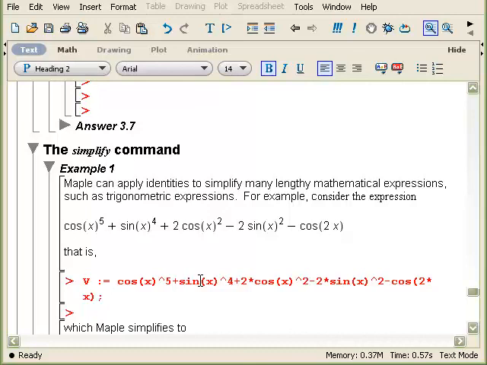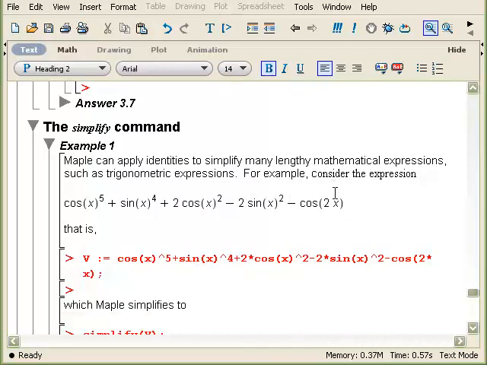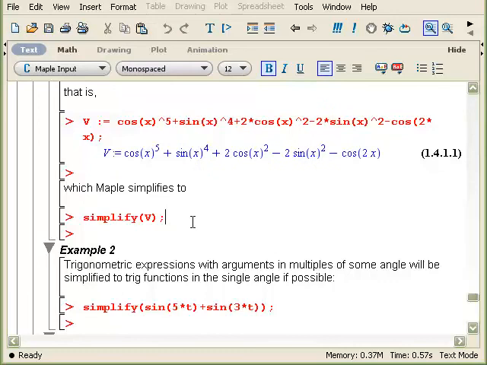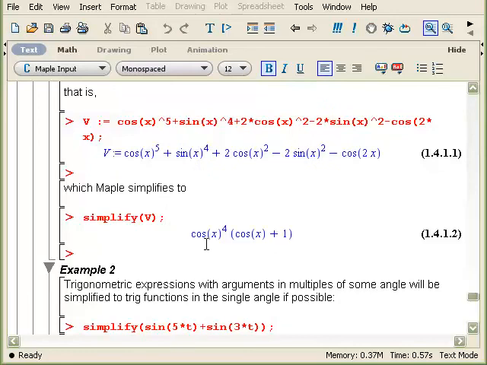The last one is simplify. Okay, let's say this is the given form, and how about simplification of it? So actually it gives us some kind of factorization, which is not easy in this case. You need to change this sine square to 1 minus cosine square, and sine to the fourth is sine square squared, so it's 1 minus cosine square, squared, right?